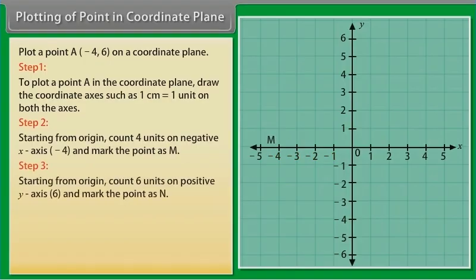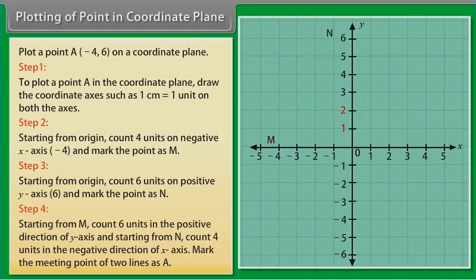Now starting from origin, count 6 units on the positive y-axis, that is 6, and mark the point as N. Step 4. Starting from M, count 6 units in the positive direction of the y-axis, and starting from N, count 4 units in the negative direction of the x-axis. Mark the meeting point of the two lines as A.